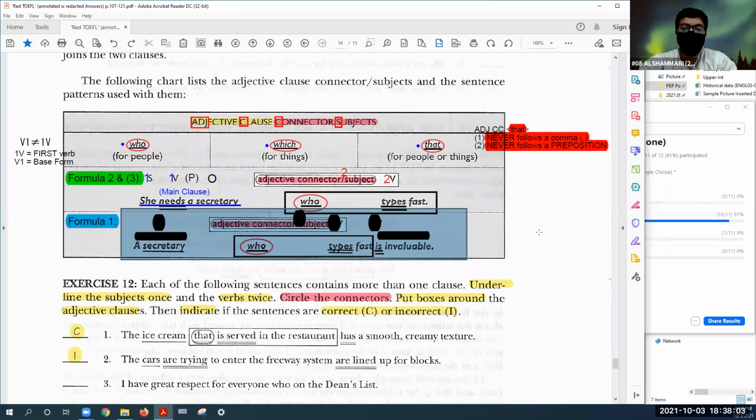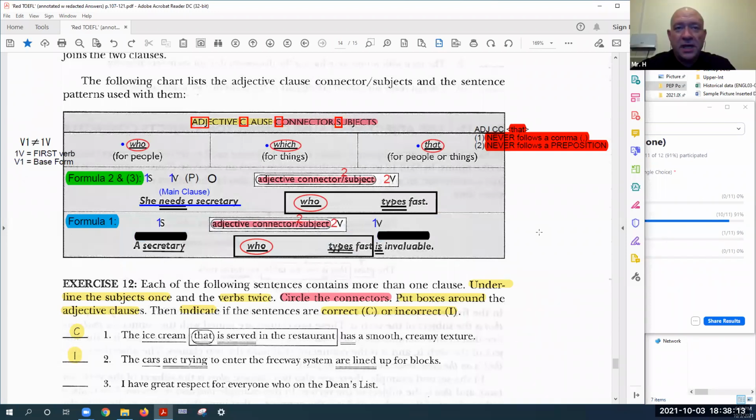Types is the second verb, and fast is part of the adjective clause. And where's the connector? Who, and it's the subject at the same time. Exactly. And where's the main clause? A secretary is invaluable.